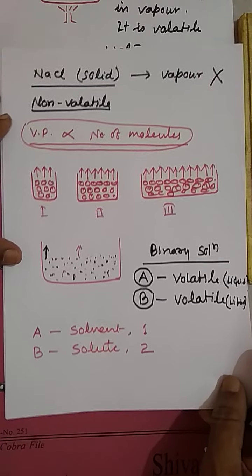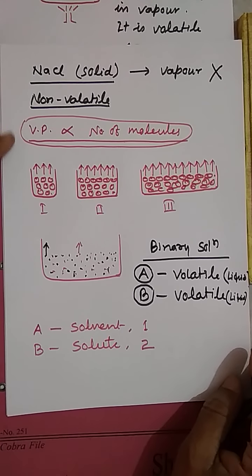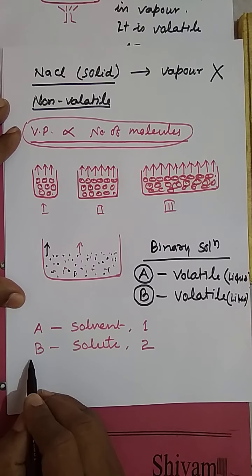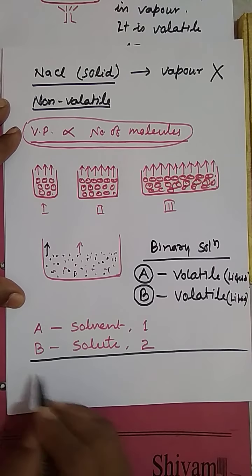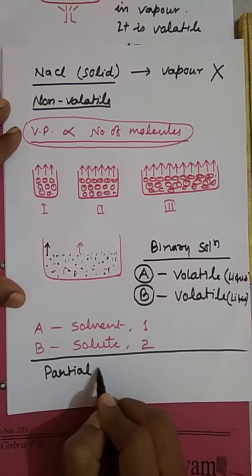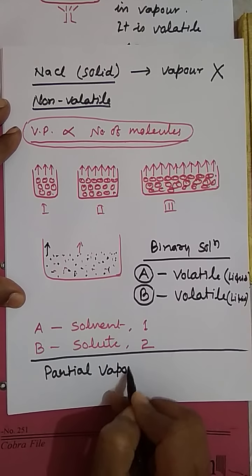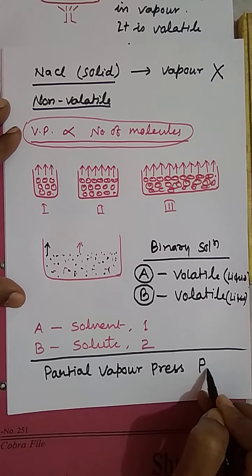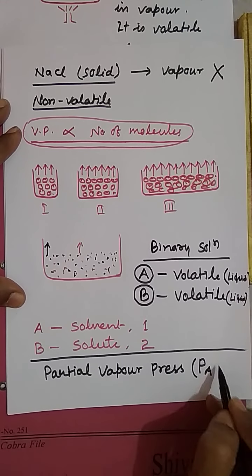You can't simply say it. Suppose you have to express the vapor pressure of A, then you should express partial vapor pressure, or you can write PA, partial vapor pressure.